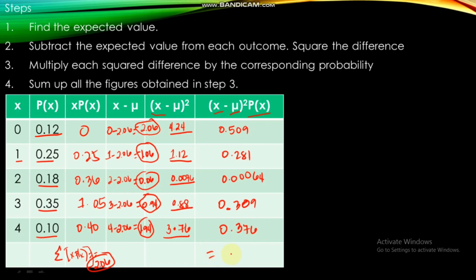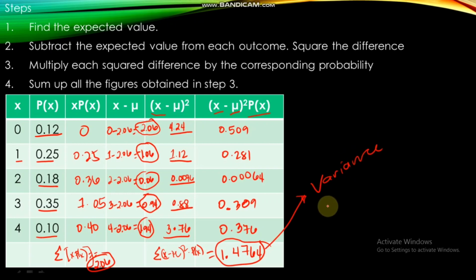Then find the total. The total is 1.4764, which is the summation of x minus the mean, squared, times p of x. That is our variance. And the standard deviation is the square root of the variance.